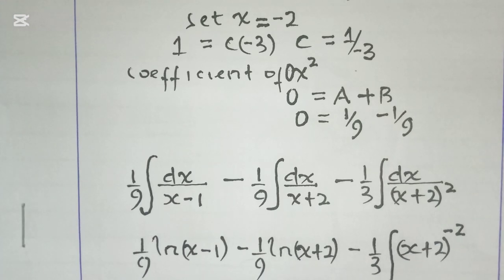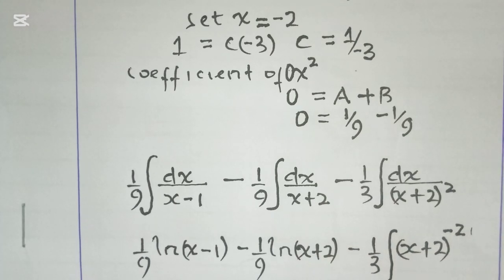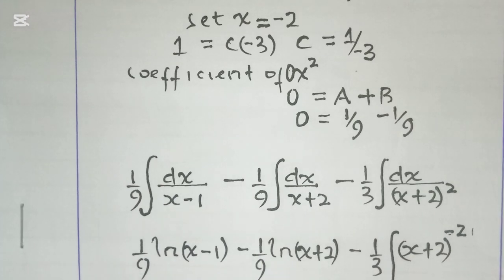This is 1/3, and this one now is going to be x plus 2 raised to negative 1, minus, meaning that this is now going to change to plus. And I can put my figure down here. Instead of putting x plus 2 raised to negative 1, I can bring it down here as x plus 2 now raised to 1.